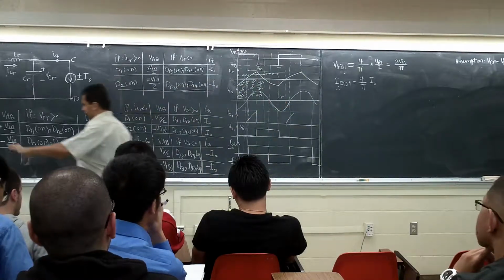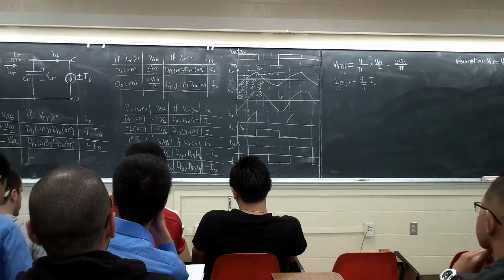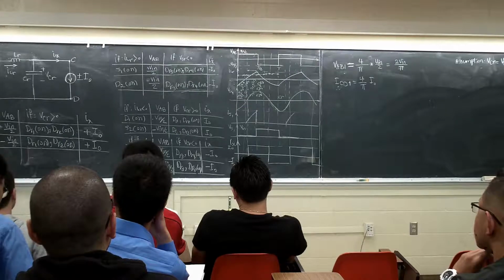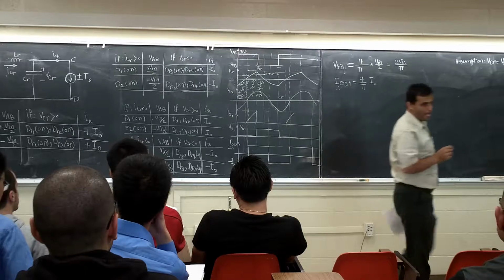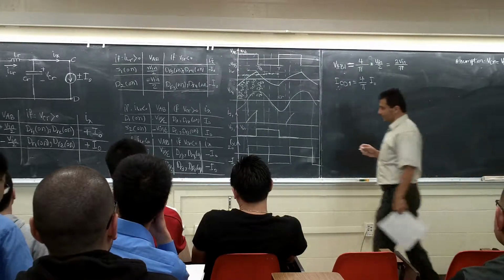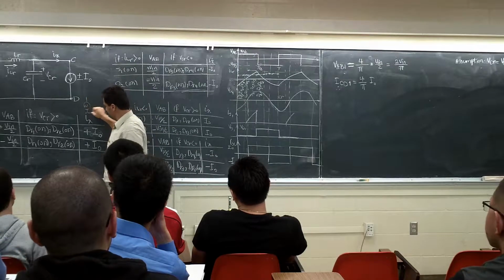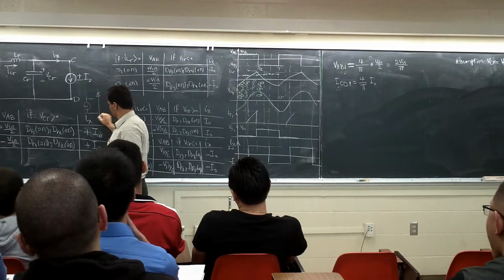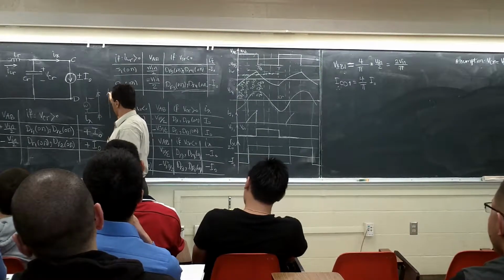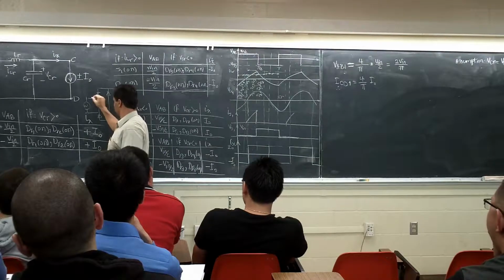Let's see what the relation is between here and here. If this one is a sinusoidal voltage, what's the relation between V0 and VCR? From power electronics 1, if you have a source like this, the maximum is Vm, and you have a diode and a load here.